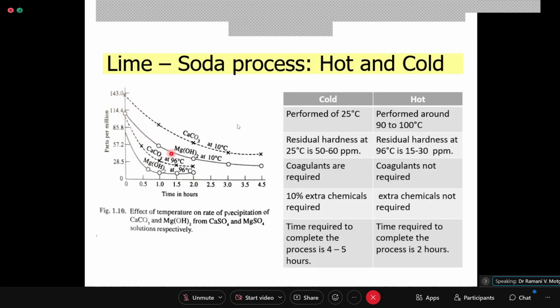The cold process requires 4 to 5 hours time for its removal. The residual hardness is around 50 to 60 ppm for cold lime soda process. For hot lime soda process, the residual hardness is 15 to 30 ppm. Okay, things are clear.